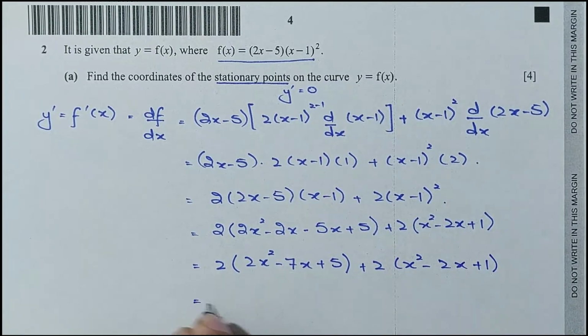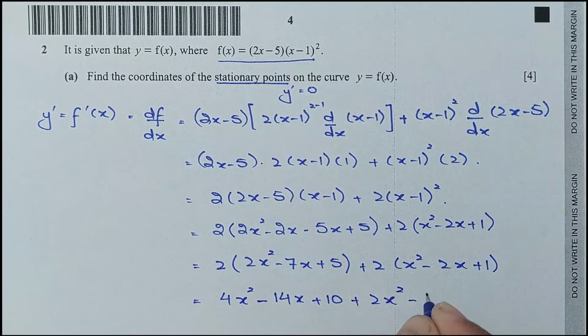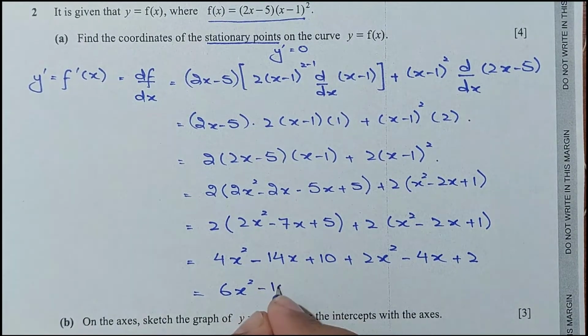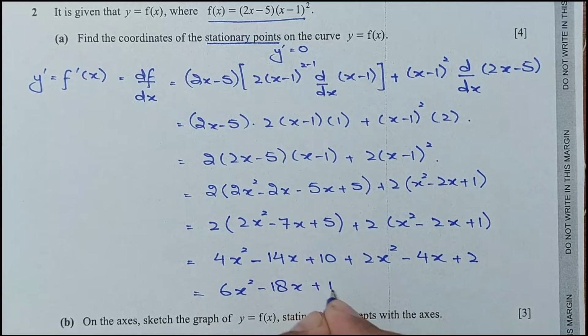Now we can multiply by 2. 4x squared, 2 times 7 is 14x, negative 2 times 5 is 10, plus 2x squared minus 4x plus 2. So 4 and 2 would be 6x squared, 14 and 4 is 18, so negative 18x and plus 12.